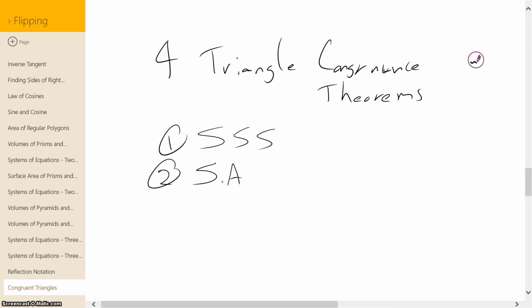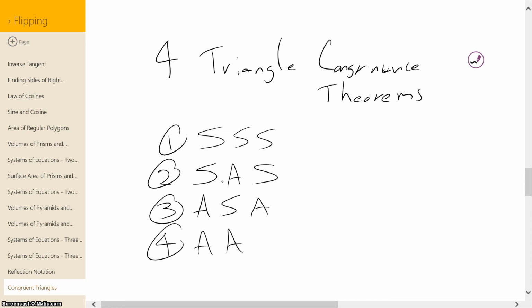Side, angle, side. That was our first sandwich, and you know what? I would like to have another sandwich. Perhaps I am hungry. Angle, side, angle. And then our fourth and final, angle, angle, side. Remember, order is important.